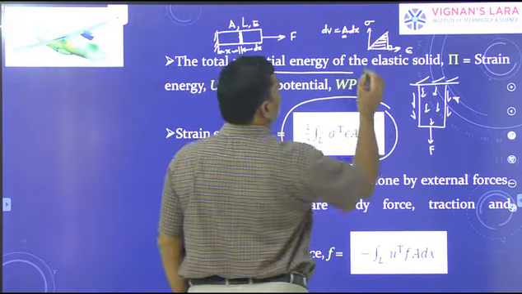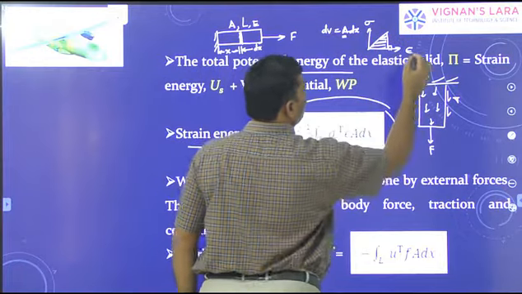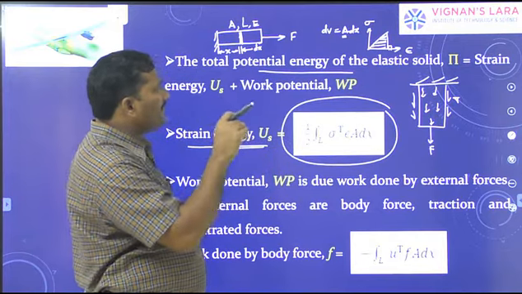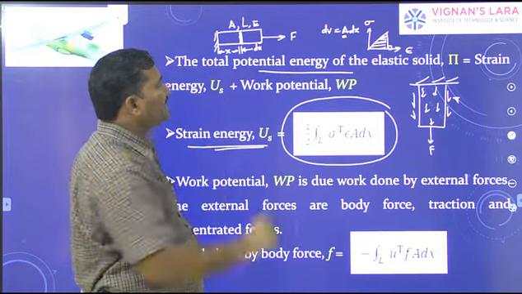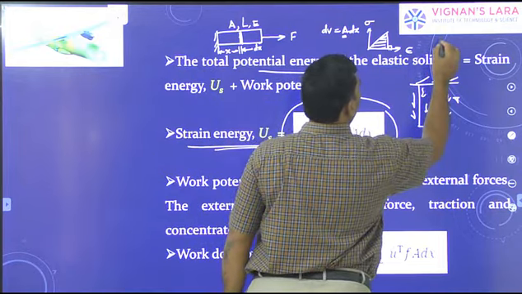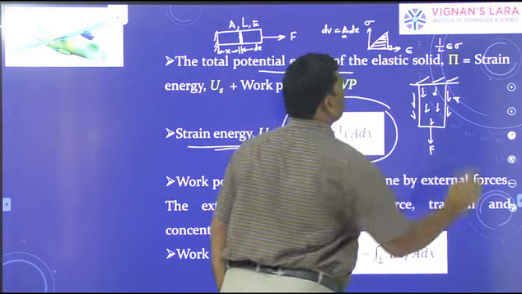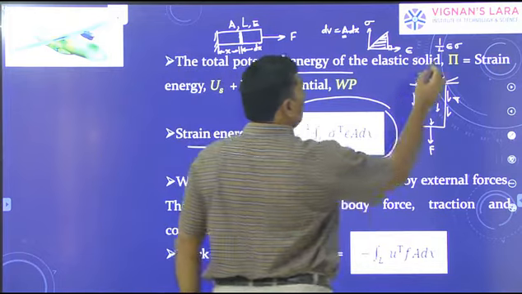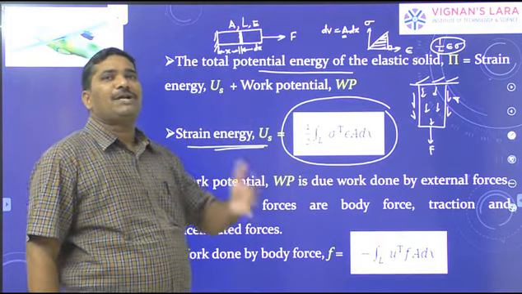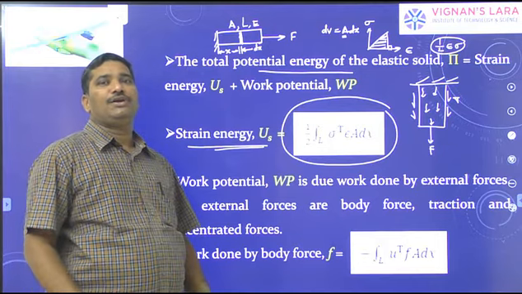The area of this triangle equals half base into height. The base is epsilon and the height is sigma. So the area of this triangle equals half into epsilon into sigma. Now this half epsilon sigma gives me the strain energy per unit volume.